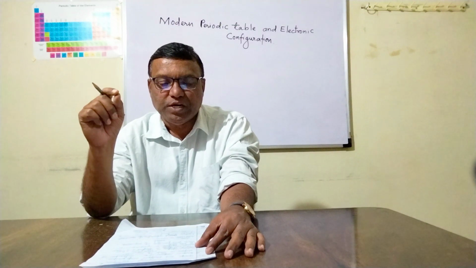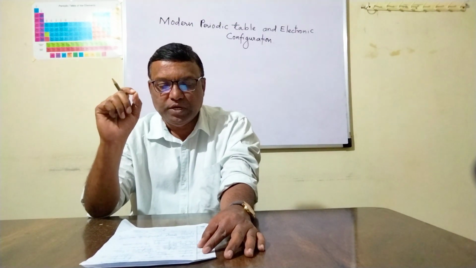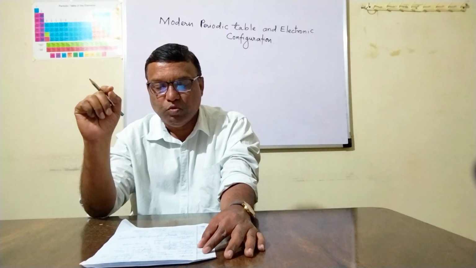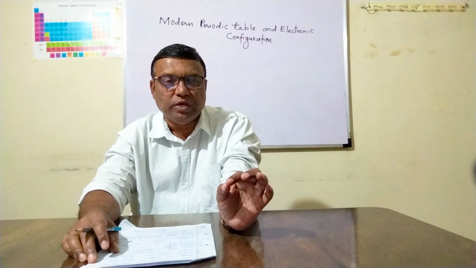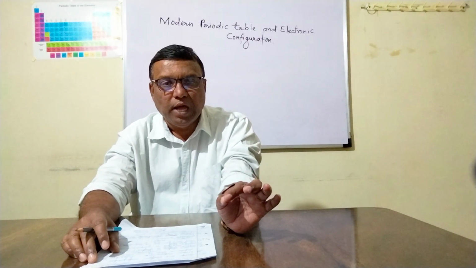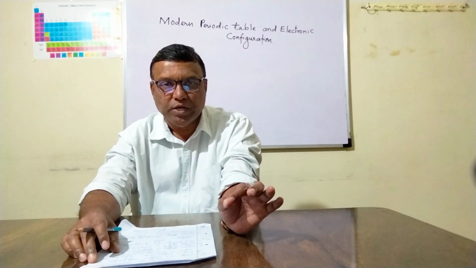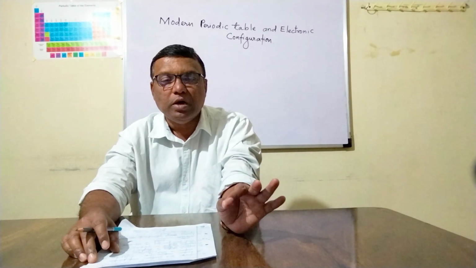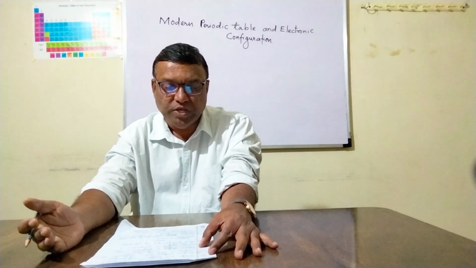So the number of valence electrons in group number 1 elements is equal to 1. What is meant by valence electron? Let me tell you, the number of electrons present in the last orbit of an atom is known as valence electrons.